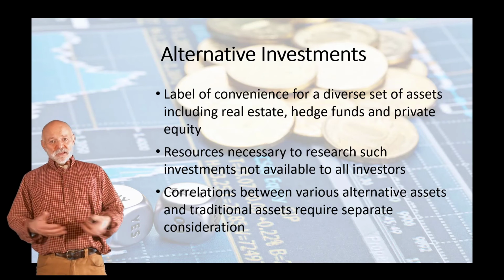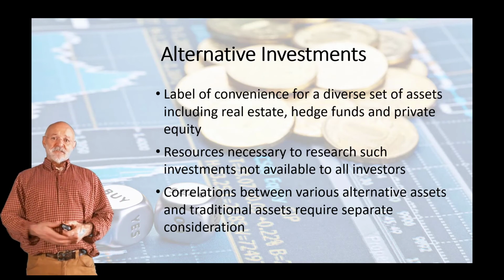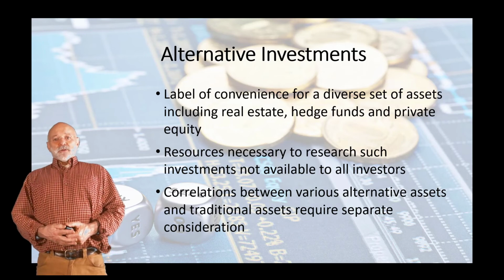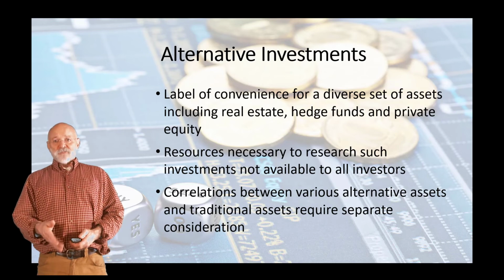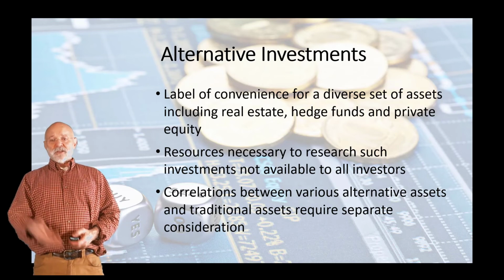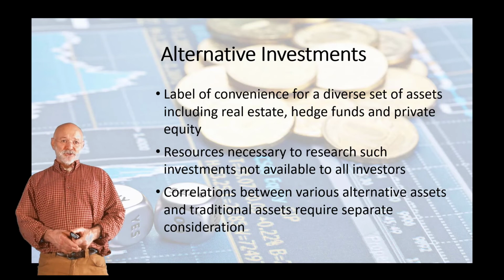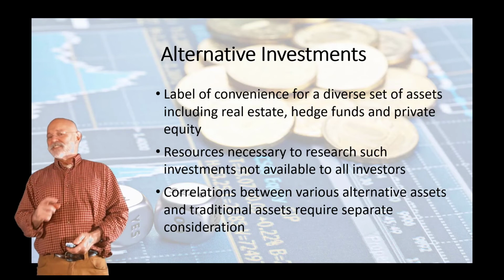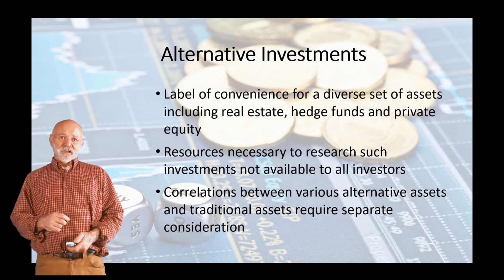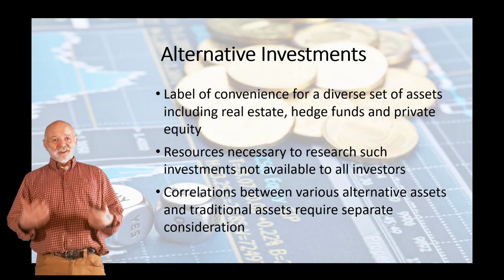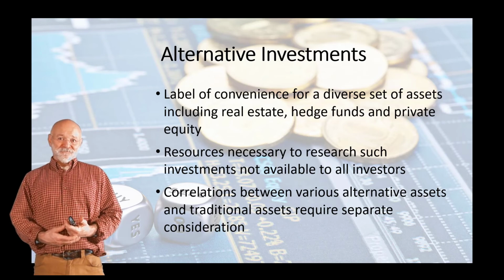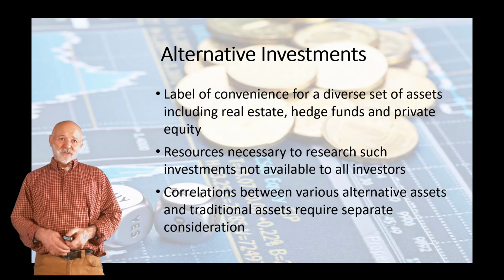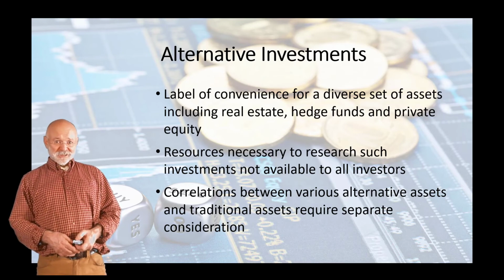So if we're going to invest in these kinds of assets, this might also give us an increased ability to diversify, but it requires special skills, and quite often specialized investments are dealt with through specialized fund managers who are better able to judge the quality of these informationally dense and opaque investments. Correlations are typically very low, but the data also tends to have several problems. We'll come back to that when we look at Chapter 7 from the textbook.